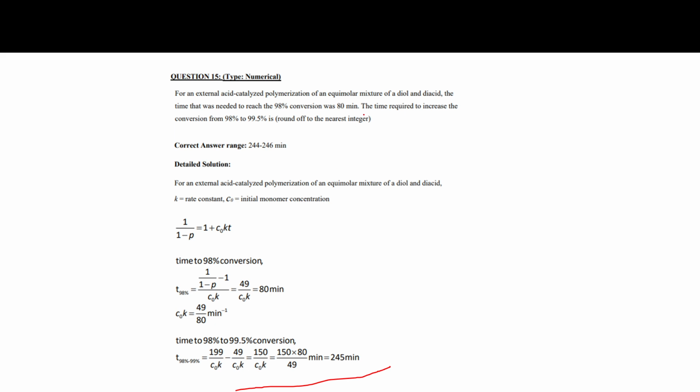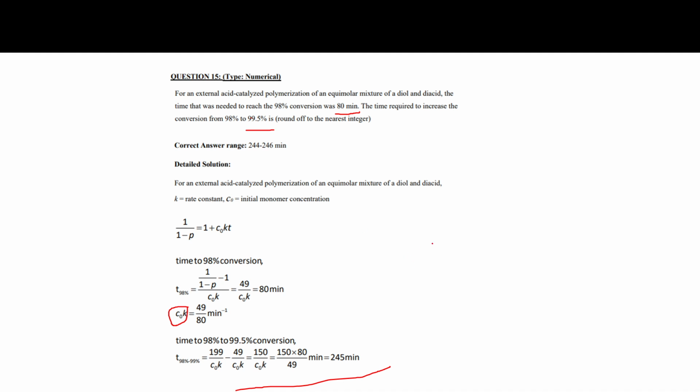Okay, so here also it is a similar type. 98% is already given at 80 minutes, so from there we can calculate C0K. Then we have to find out how much time is needed for 99.5% conversion.